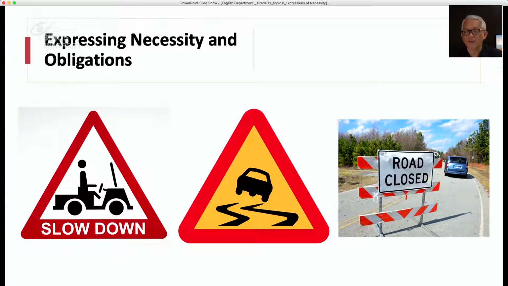Using have to, have got to, or must, what will you say to them? Right, you're correct. This is something you can say. You have to drive slowly in the area.